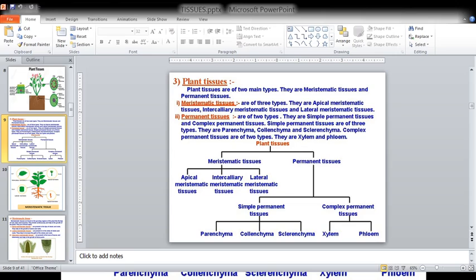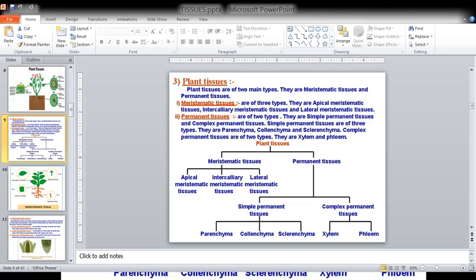Then the permanent tissues are classified again into two types, simple permanent tissues and complex permanent tissues. Those subtypes are again classified into parenchyma, collenchyma and sclerenchyma in simple permanent tissue, and xylem and phloem in complex permanent tissue. So all these types we are going to learn in the plant tissues.